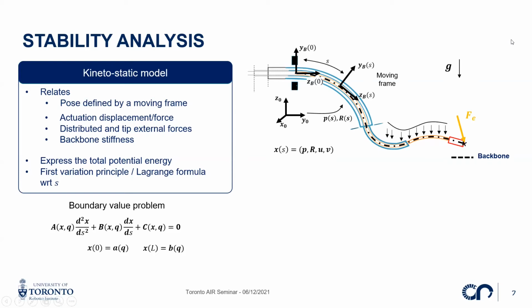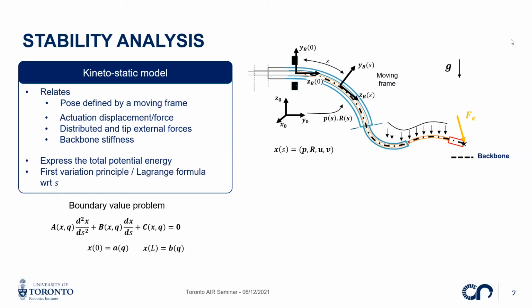Yeah, going back to it, the final model that we obtain usually with this kind of generic shape representation and generic robot design is a boundary value problem, so a set of nonlinear equations that have mixed boundary conditions.